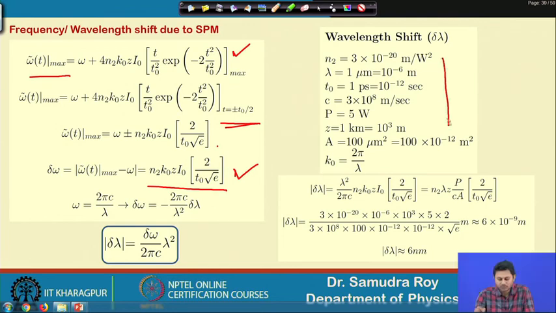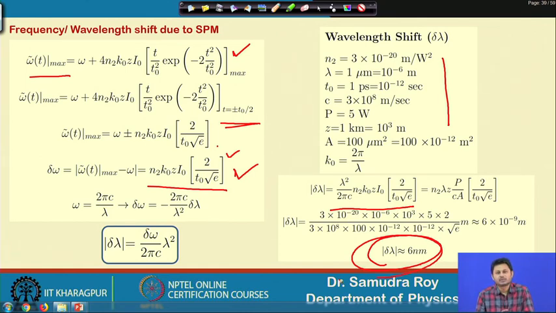These are the values given, and if you put in these values and use the expression here, you will find that the change of the wavelength is 6 nanometer.